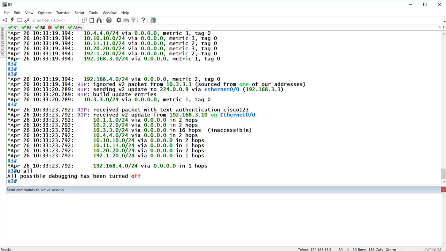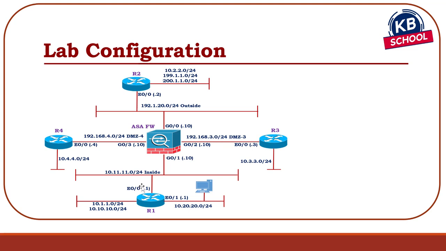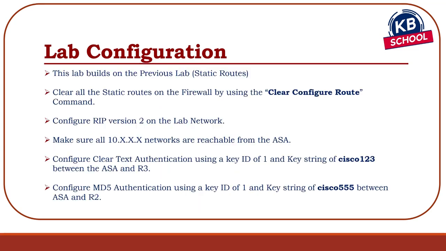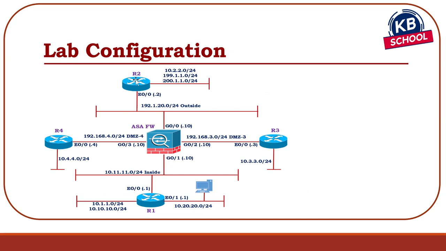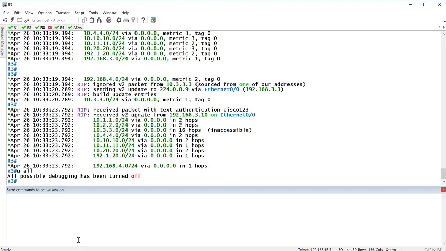Now, let's go ahead and do the last thing over here, which is configuring MD5 authentication using a key ID of 1, key string of Cisco 555, between ASA and R2. So I want to do MD5 authentication between R2 and the ASA firewall, which is gig 0/0 towards R2. So how do I go about doing it? Let's start with the router.